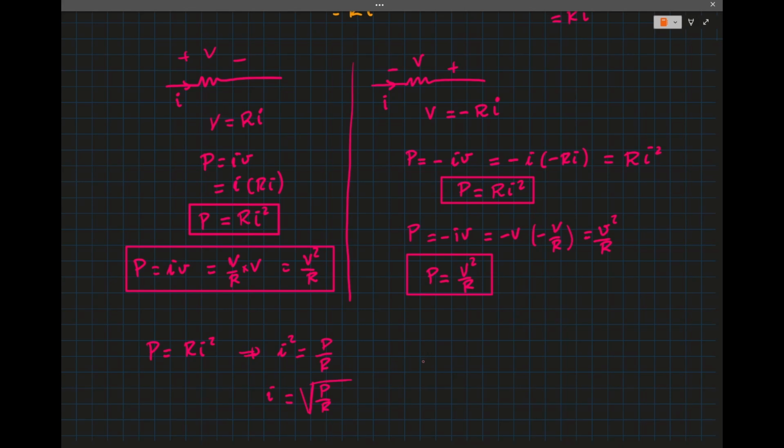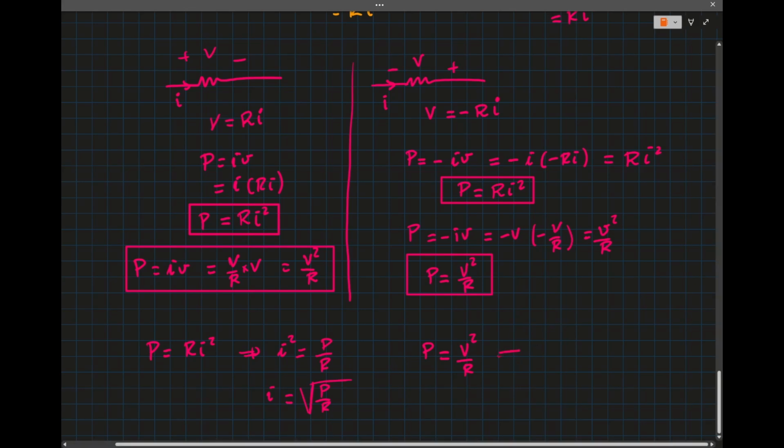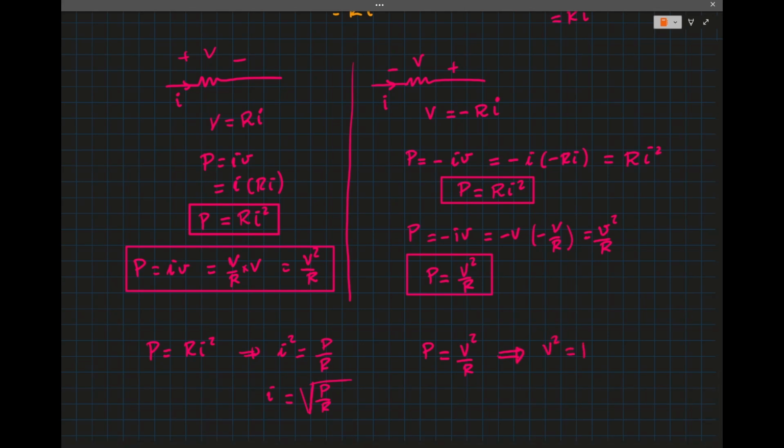We can also use the equation P equal to V squared over R. This implies that V squared equal the power times the resistor, so V is the square root of P times R. Okay, so we can manipulate these equations as we like, depending on the variables that are given to us.